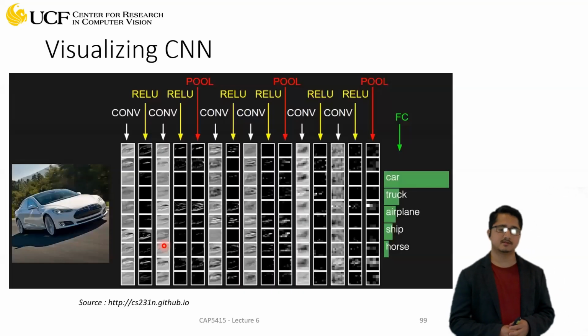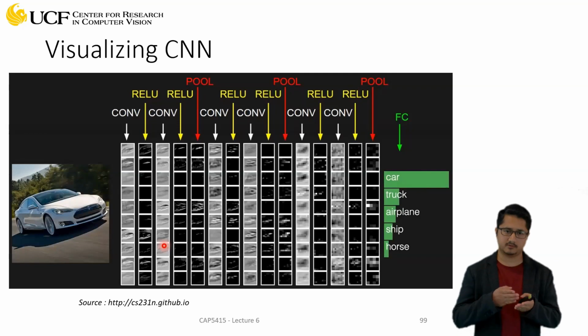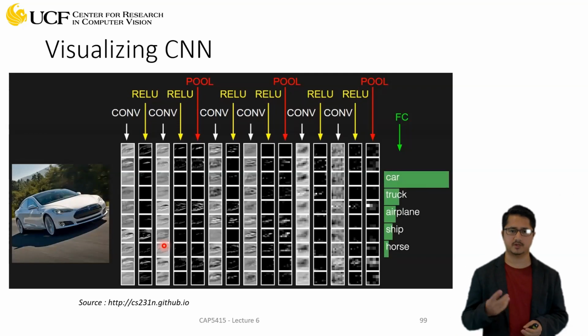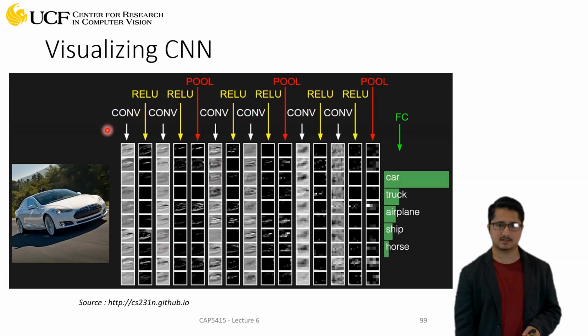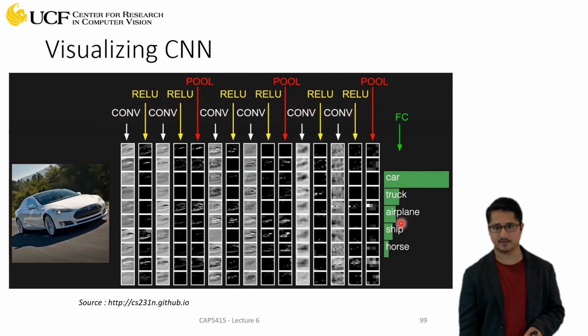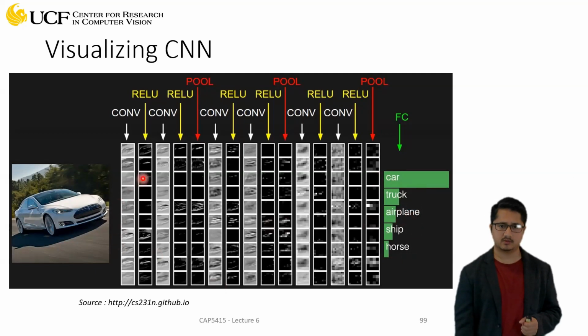Now let's try to understand what the data flow in your network looks like. Again, this is one sample CNN architecture where we have different conv layers, different activations, and pooling in between. And then finally, we have the fully connected layer, which is giving you predictions. So let's try to understand how the data flows. Your input is, let's say, this image.